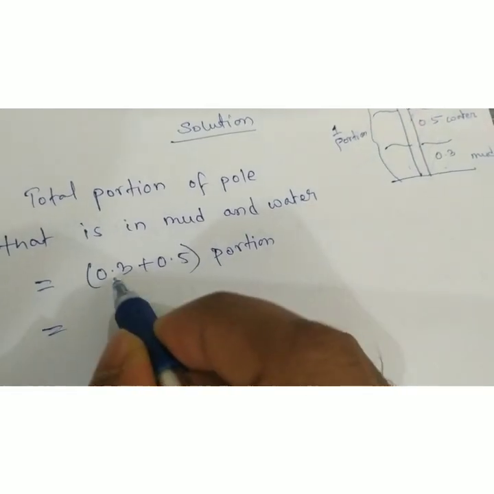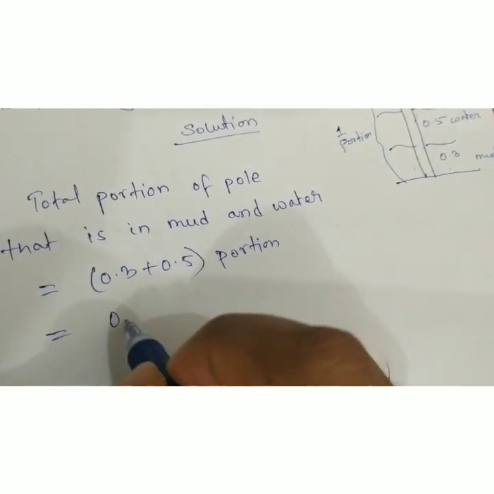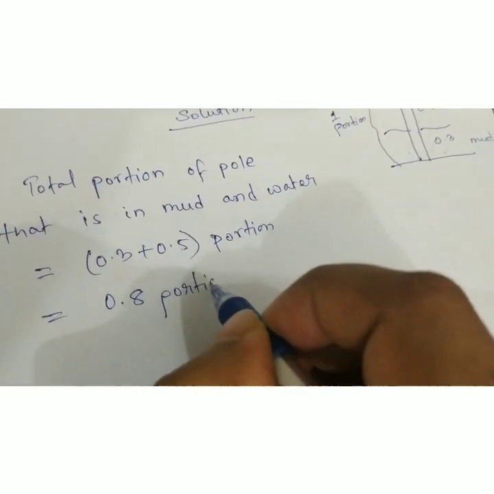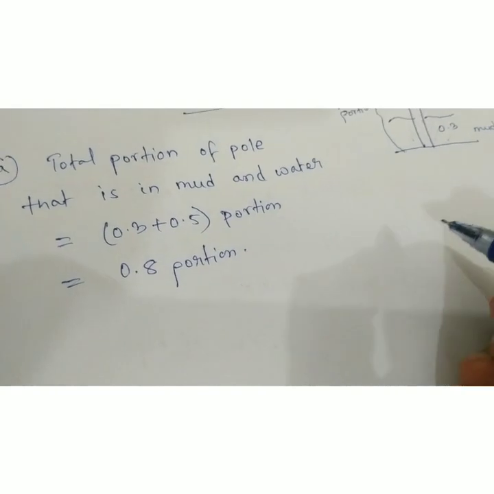So 0.3, 0 plus 0 is 0, 3 plus 5 is 8. So 0.8 portion. Okay.